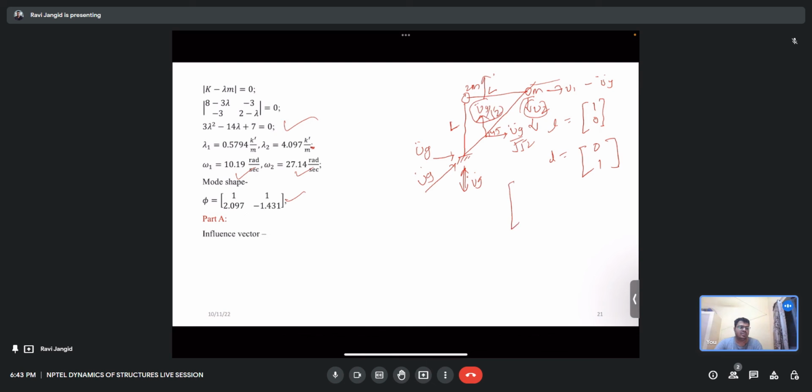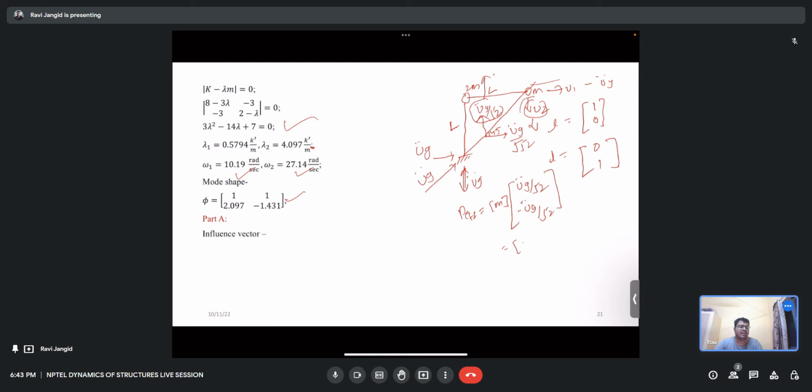So my P effective would be the mass matrix times ug double dot by root 2 and minus ug double dot by root 2.